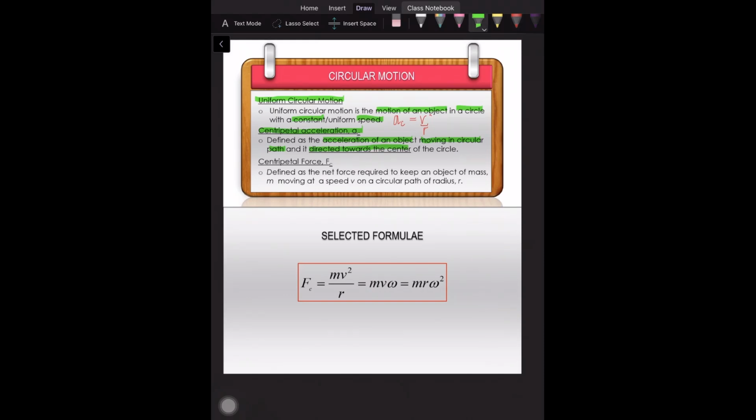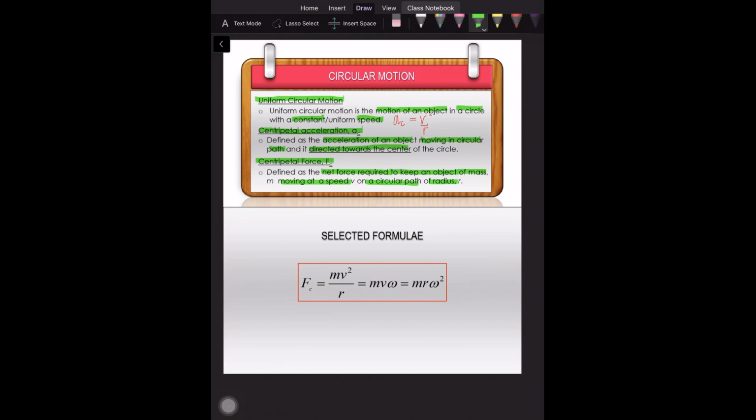Okay, next is centripetal force. Centripetal force is F_c. F_c is defined as the net force required to keep an object of mass m moving at a speed v on a circular path of radius r.